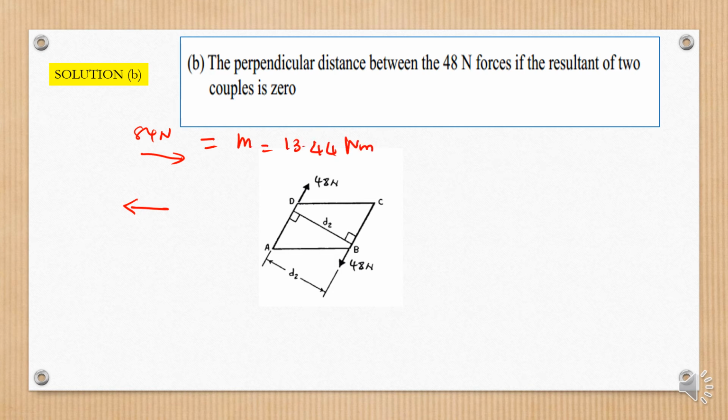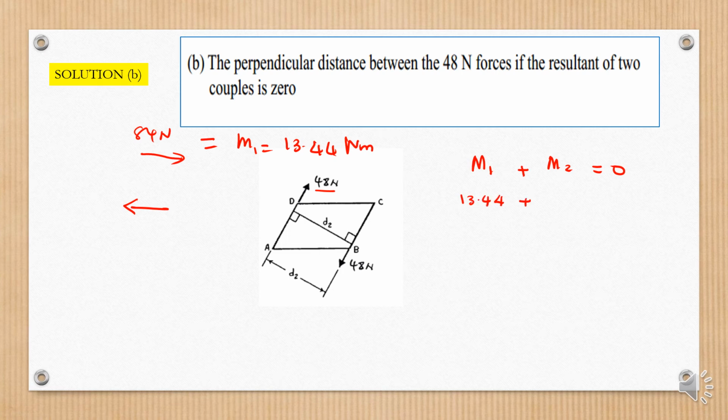The question in B asks what the perpendicular distance is between the couple with force 48 Newton if the resultant of these two moments is 0, which means that M1 plus M2 is 0. M1 is 13.44 plus M2.